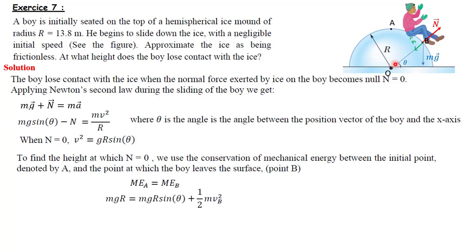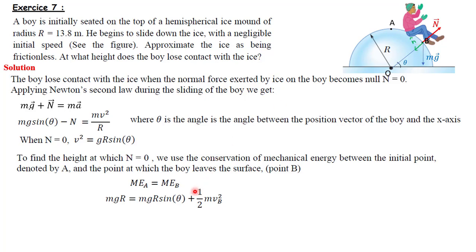So the mechanical energy at point A is equal to the potential energy, the gravitational potential energy, which is equal to mg times HA, where HA is equal to the radius of the hemisphere. Now the kinetic energy at point A is 0 because the boy started from rest at A, so the mechanical energy at point A is only mgR, and this is equal to the mechanical energy at point B. So we have the potential energy and the kinetic energy.